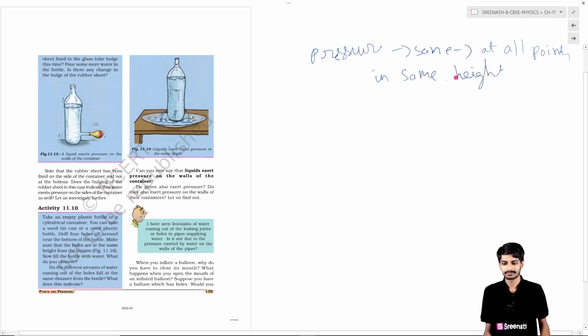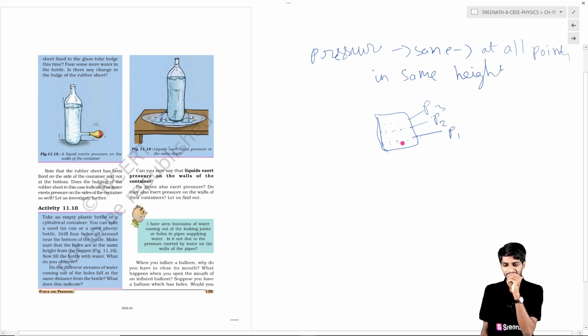What does it mean? Suppose this is the bottle. At this height, whatever points are at this height have the same pressure, P1 and P2, and whatever points at this lower height have another pressure, P3 and P4.